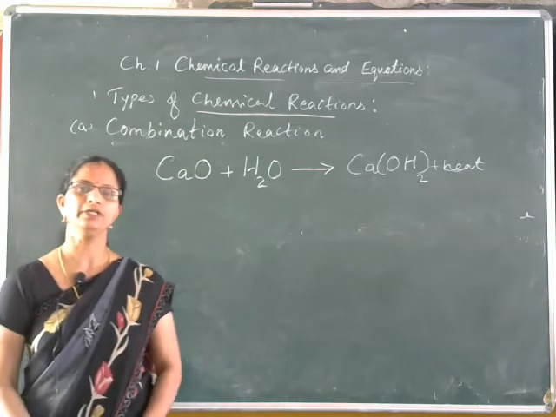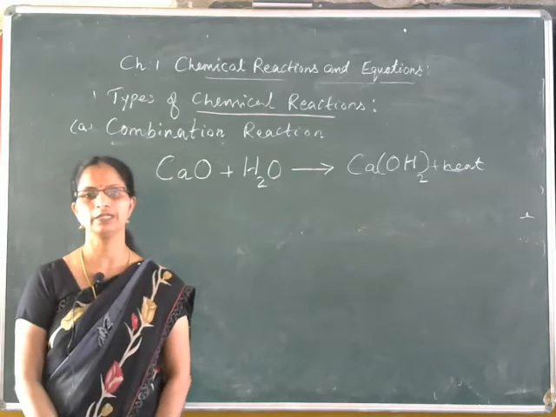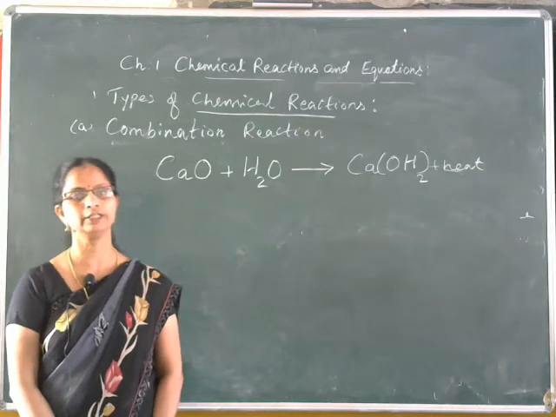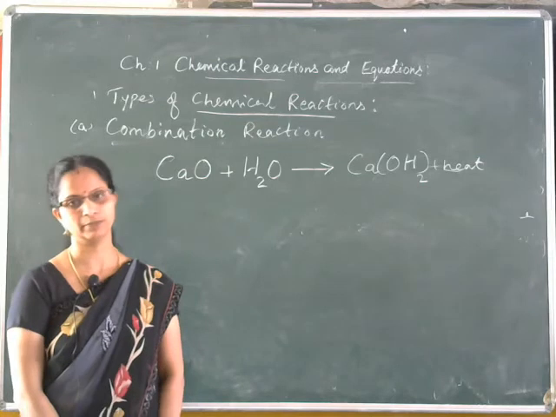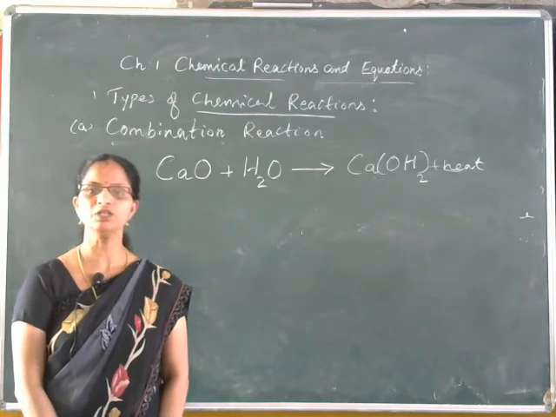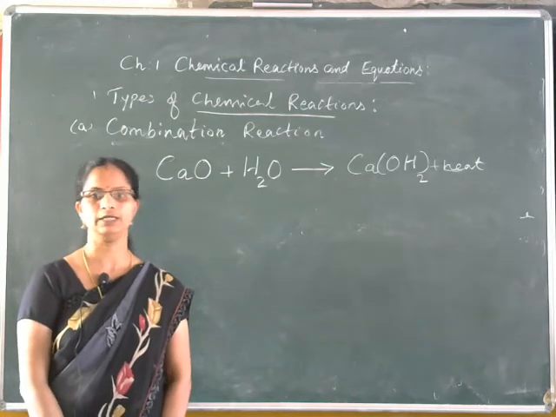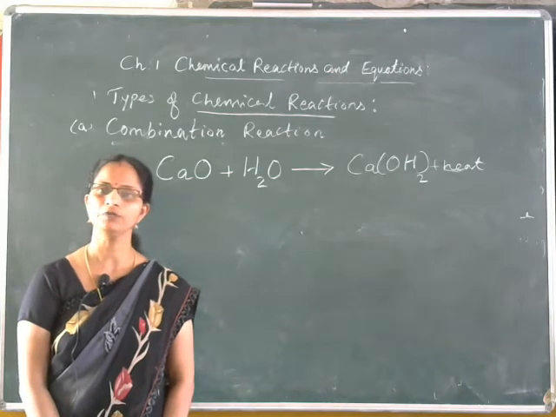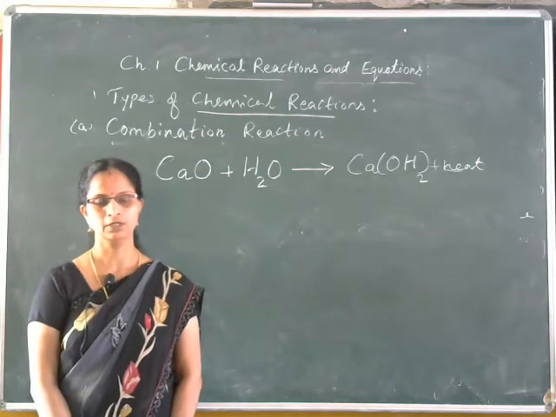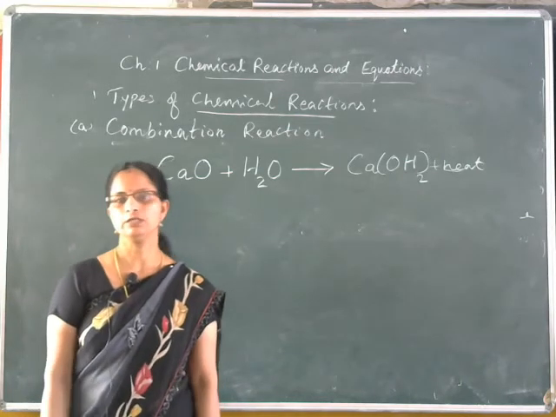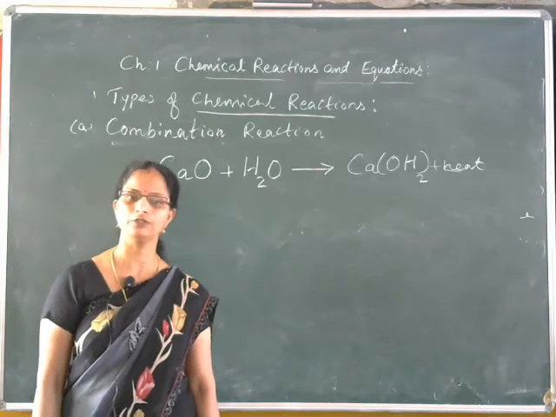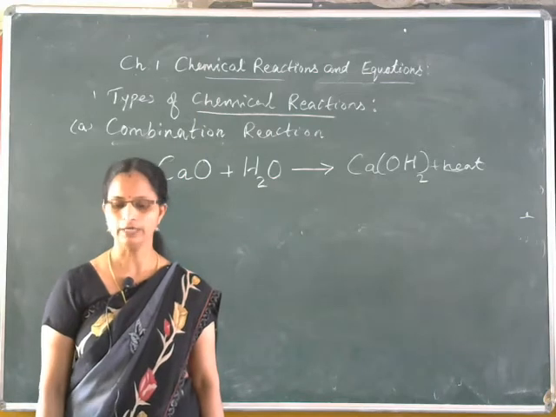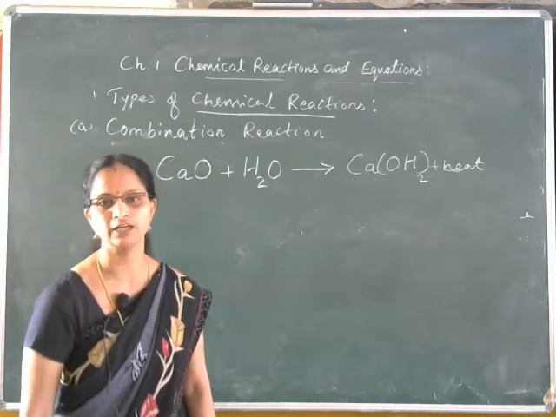Exothermic reaction means a reaction in which heat is evolved or produced. So whenever something burns to produce heat energy, the reaction is said to be exothermic. The reaction that takes place in our body, that is respiration, the breaking down of glucose to release energy, is also an example of an exothermic reaction.